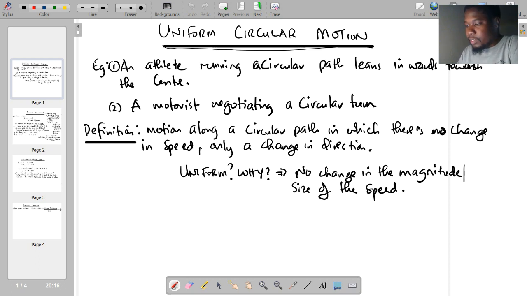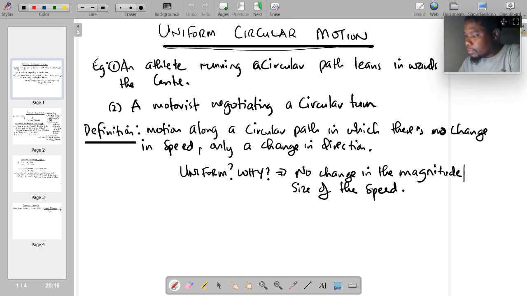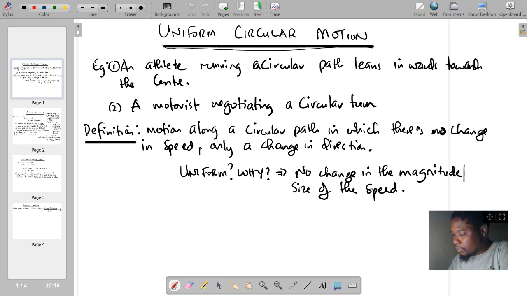Now, when it comes to uniform circular motion, this is something that we have experienced in our day-to-day lives. Have you ever seen an athlete running in a circular path? We see this a lot during the Olympics, where people compete in the 100 meters or 200 meters, or in races where they have to run so many laps.